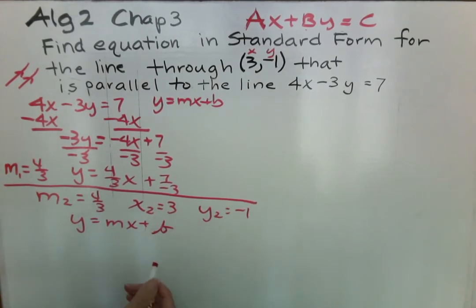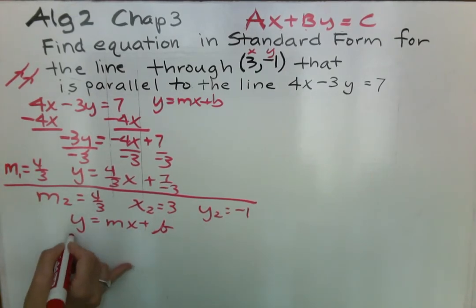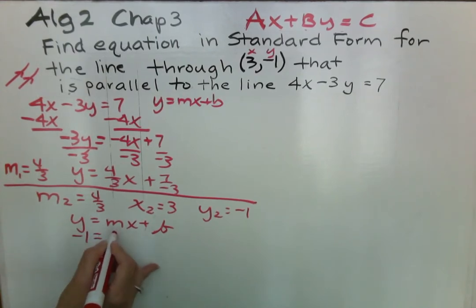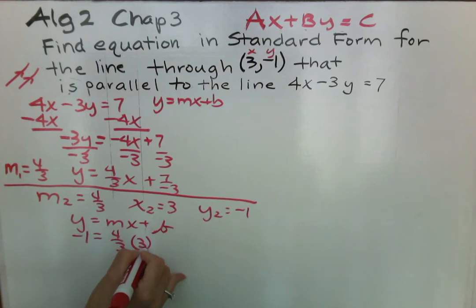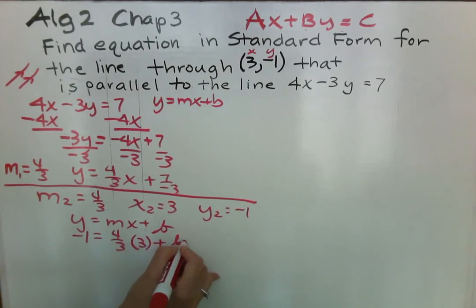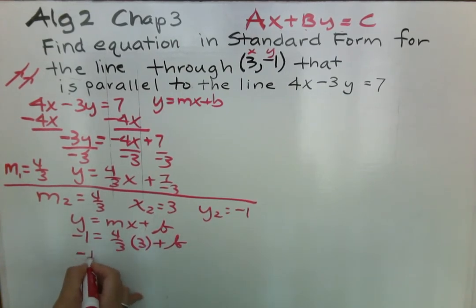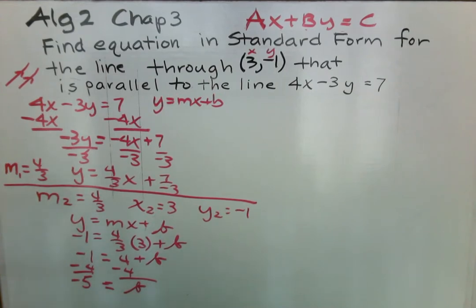Okay, so we have y, which is -1, equals the slope, which is 4/3, times 3, which is x, plus b. We're solving for b. We have -1 equals 4 plus b. We can go ahead and solve for b. We're going to subtract 4 from both sides. This is some basic algebra. And we get -5. So the y-intercept, we're getting closer, for this equation is -5.